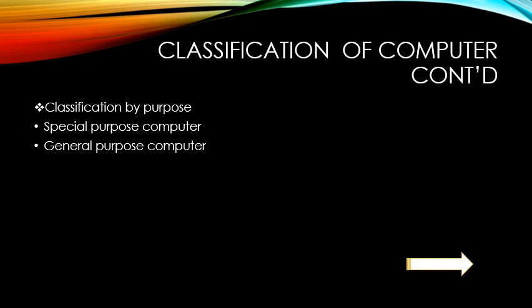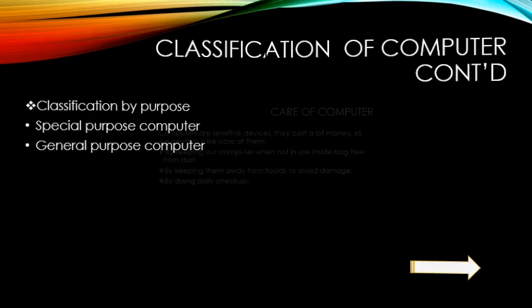The fourth classification is the classification by purpose. Now we have the special purpose computer and the general purpose computer. Special purpose computers are specifically made for a particular purpose, maybe for accounting. The general purpose ones are the ones that can actually do any task.